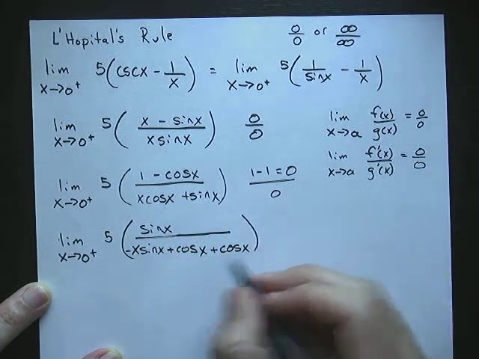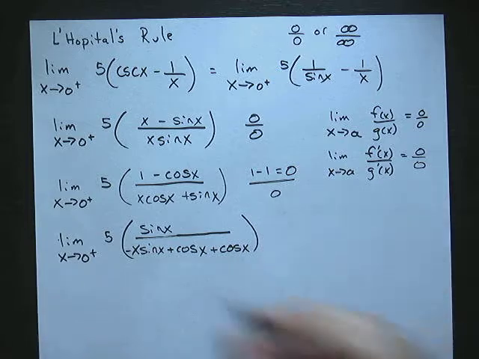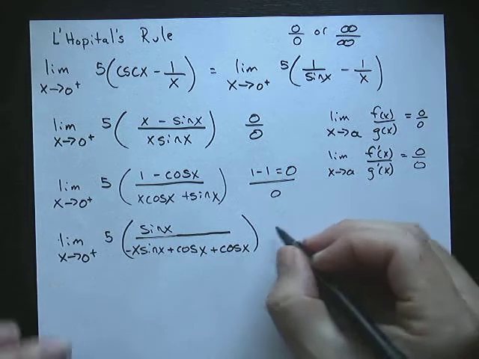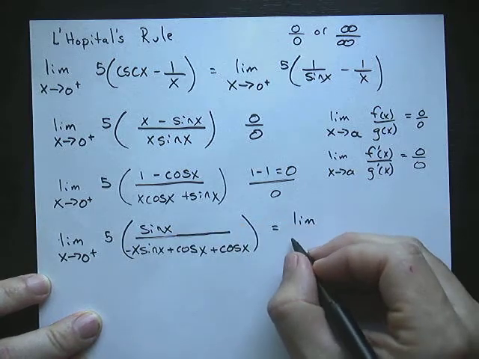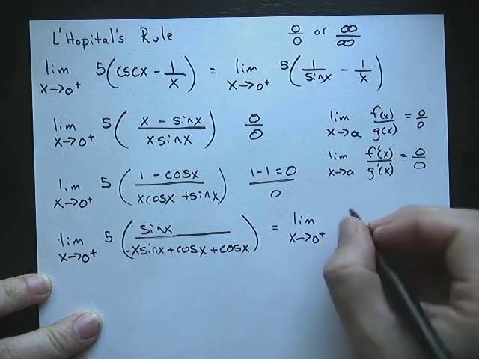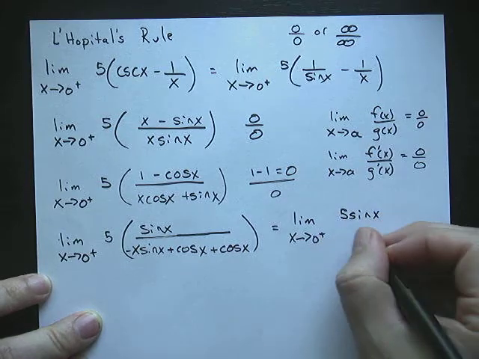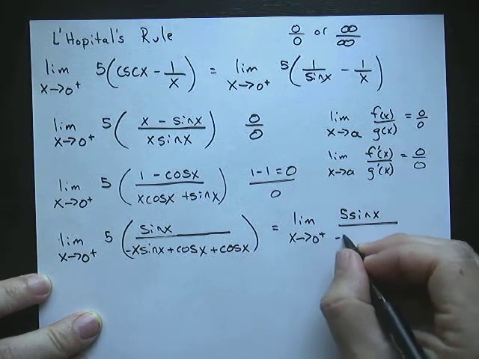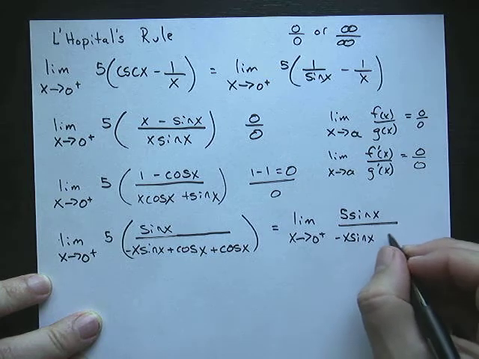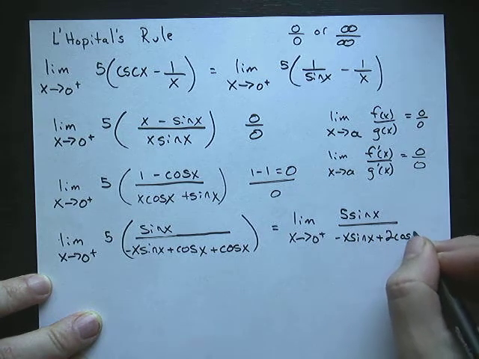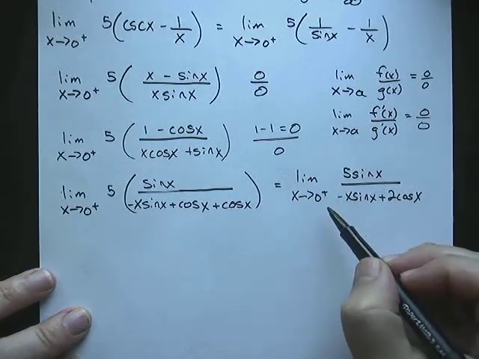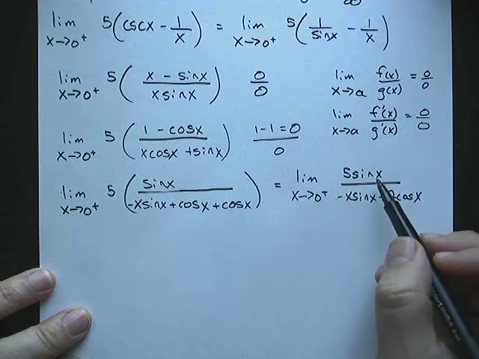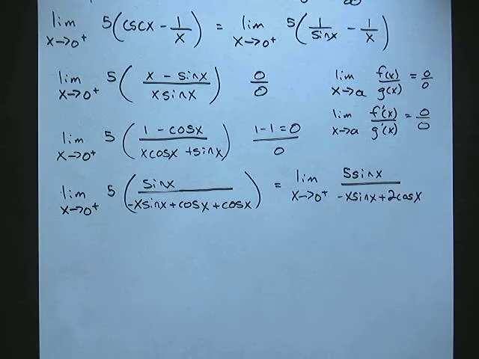You could clean that up a little and make that 2 cosine x. And you could even bring the 5 in, since there's only one term on top now. So 5 sine x over negative x sine x plus 2 cosine x. All right, let's see if L'Hopital's rule helped us now. When we plug in a 0 into the x values here, sine x is going to give us 0.